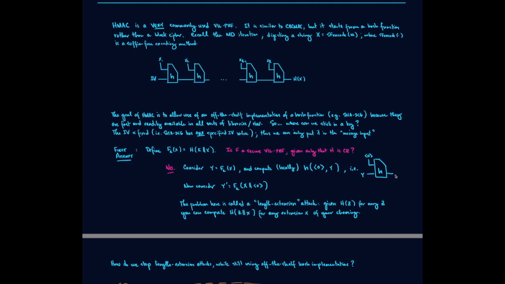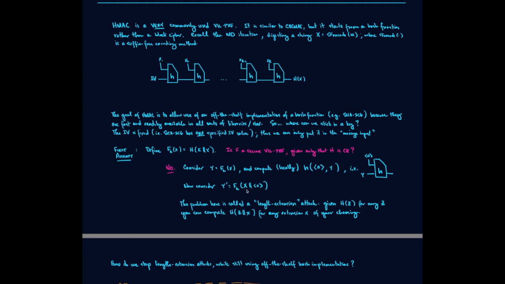But now consider if I took this picture. So let's say that I process some x. So here's my key, here's my x, and this value here is y. Well, now if I were to lift this and carry it up here, I have y coming in. I put whatever value I wanted here. I can locally compute this value. But that means then that I know what the output would be if I lifted this and put it up here, and I were to ask instead for the output of this secretly keyed construction on x concat with zeros.